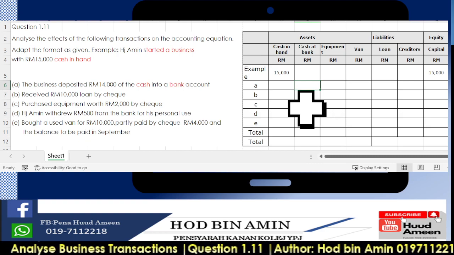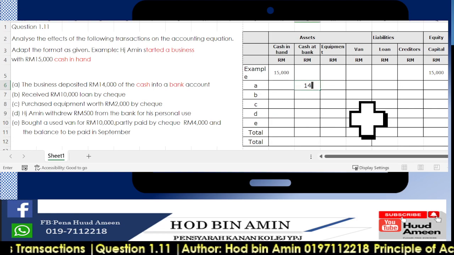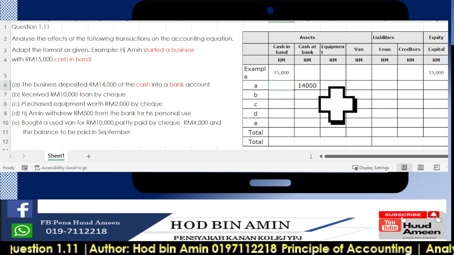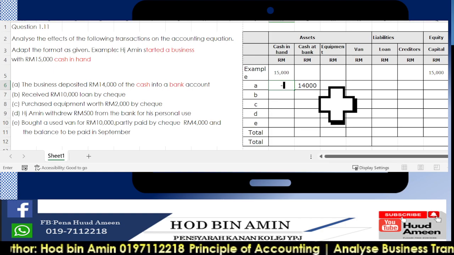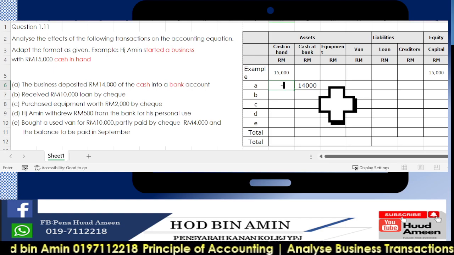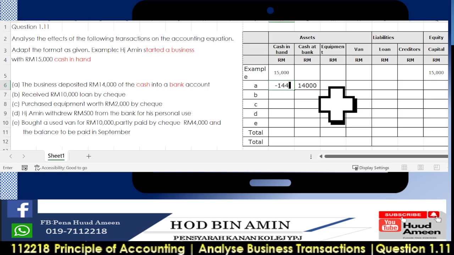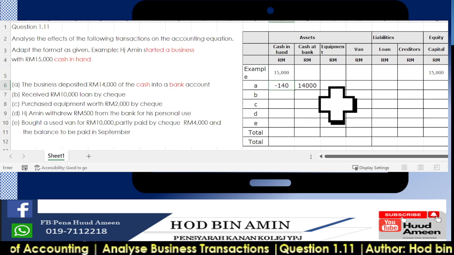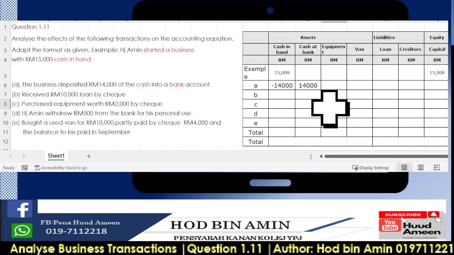Cash at bank is increased by 14,000, and then cash in hand will reduce by 14,000. So reduce, you start with negative.